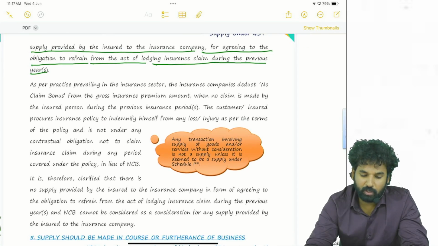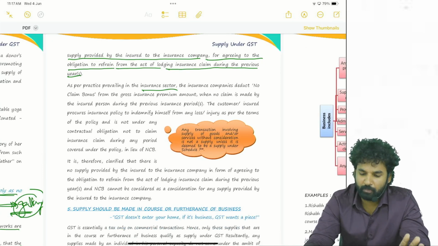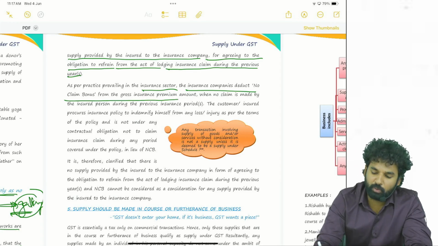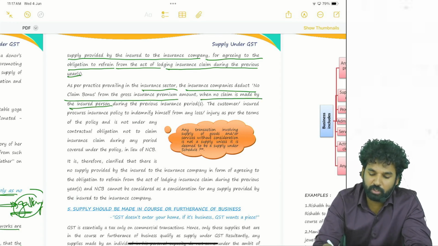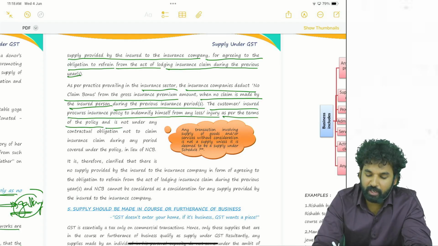As per the practice prevailing in the insurance sector, no claim bonus is offered. The insurance company deducts the no claim bonus from the gross insurance premium when no claim is made by the insured person during the previous insurance period. The customer or insured procures an insurance policy to indemnify himself from any loss or injury as per the terms of the policy and is not under any contractual obligation not to claim.